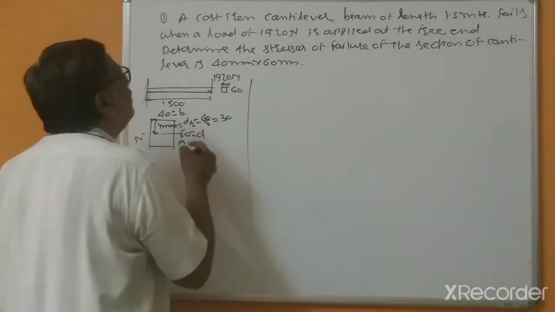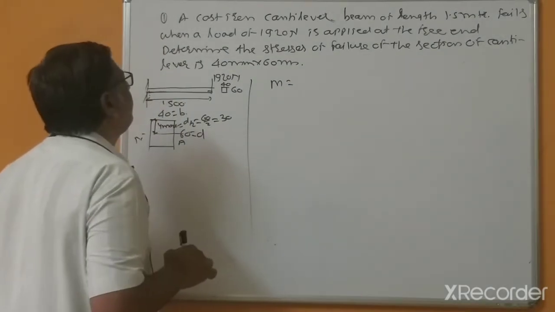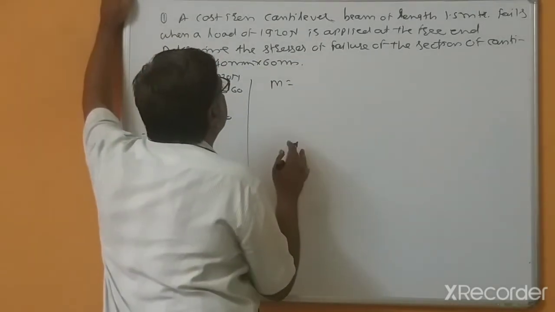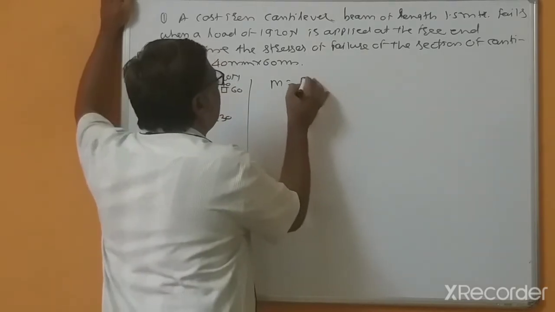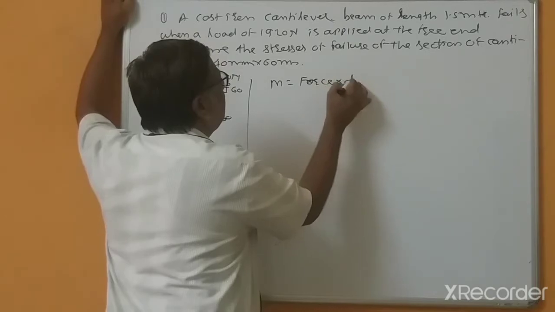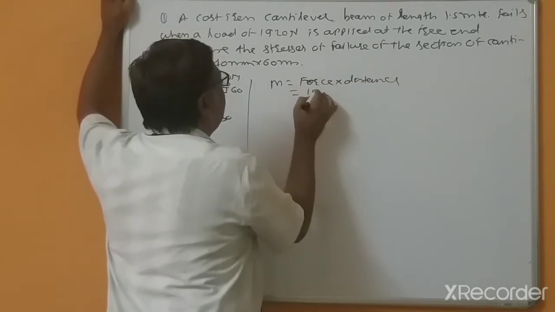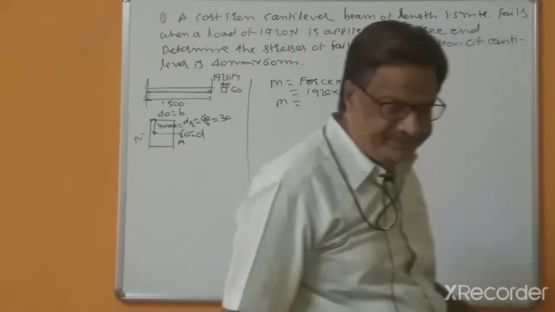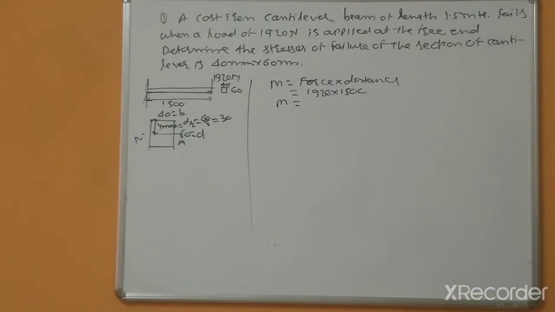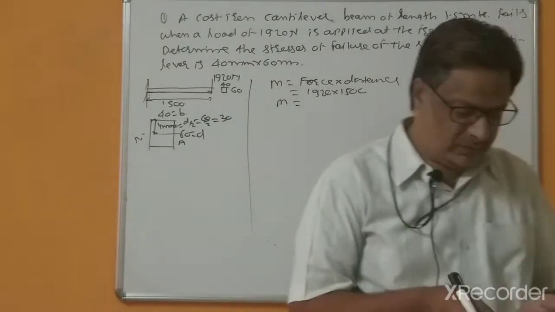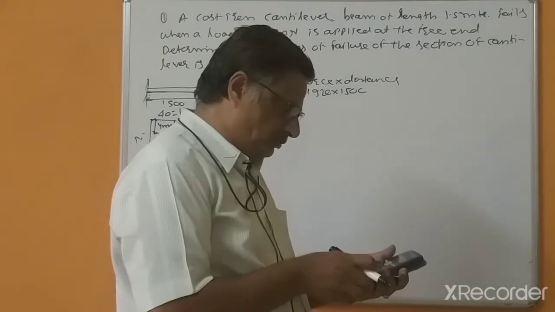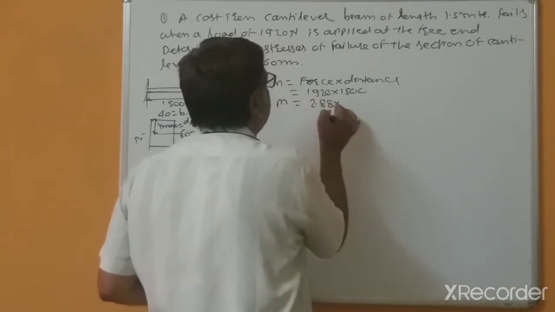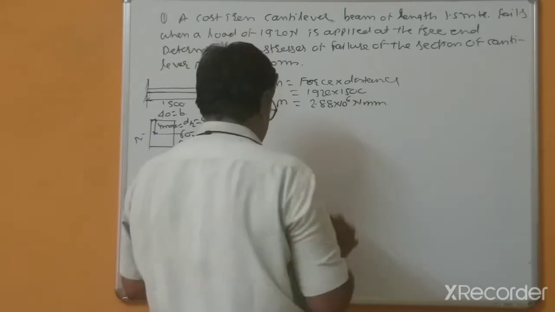Now the moment equals force multiplied by distance, so 1920 multiplied by 1500, which equals 2.88 into 10 to the power 6 Newton mm.